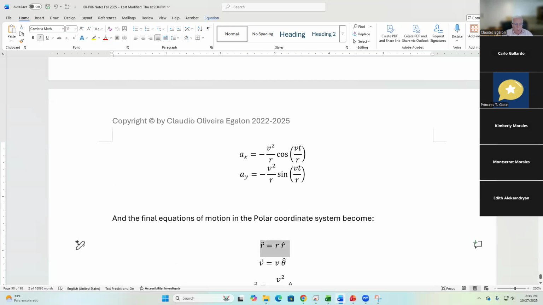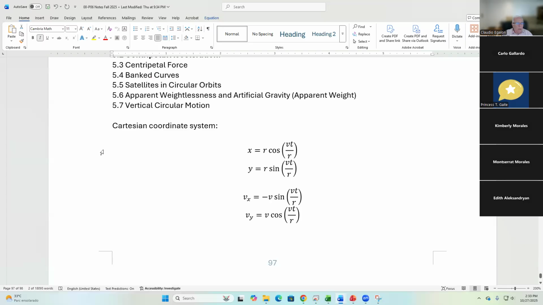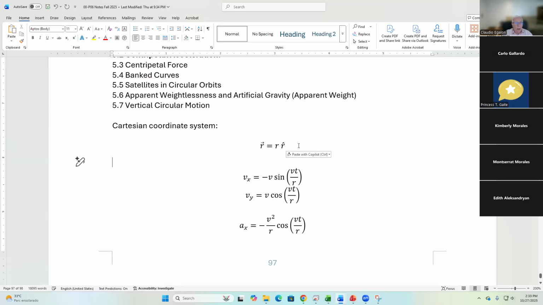Here you go. I'm going to need that. R is going to be x in the x hat plus y in the y hat.